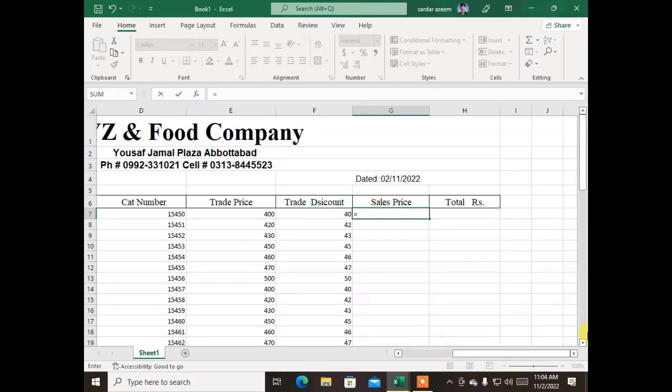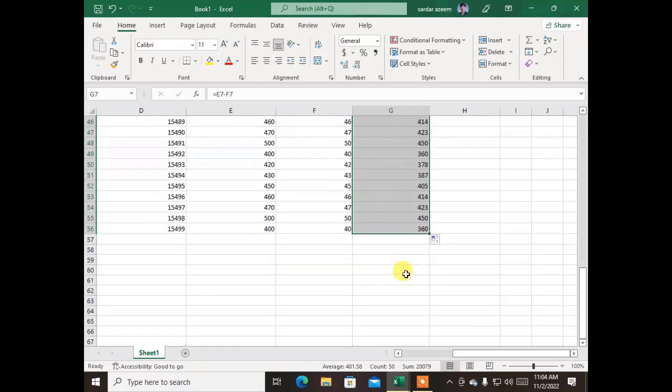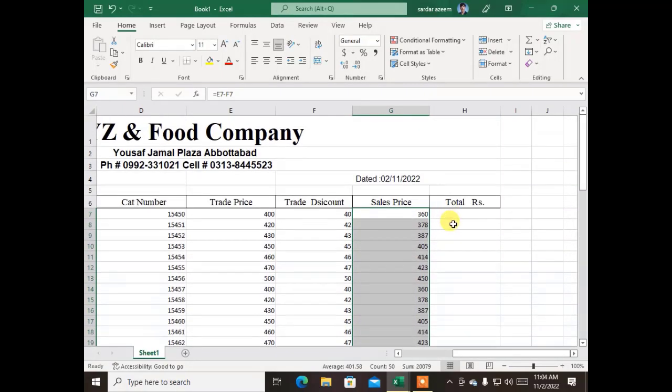This is easiest. I'm going to apply this formula: equal to trade price, cell number E7, minus trade discount. It is 360 now, and applied over the whole sheet. Now I want to calculate the total price.